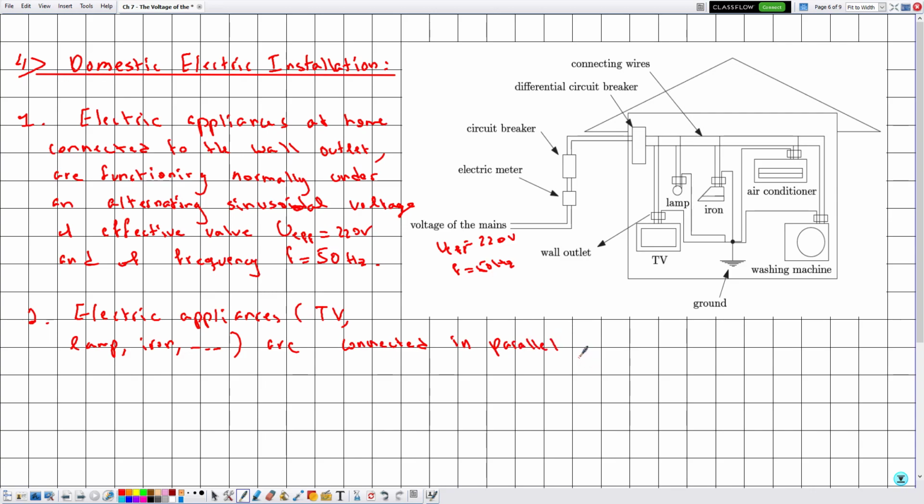In order for each to function independently. This is extremely important.